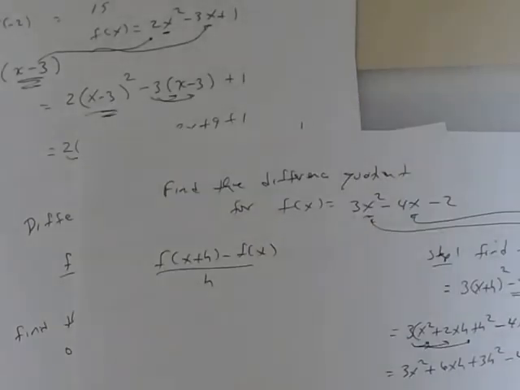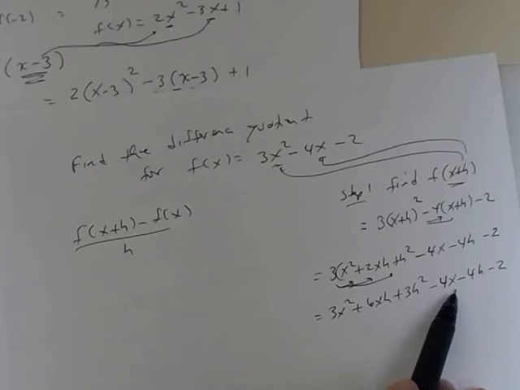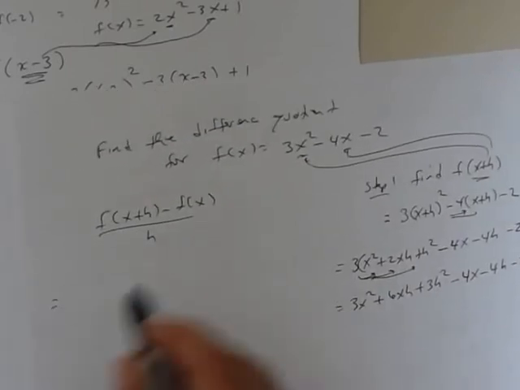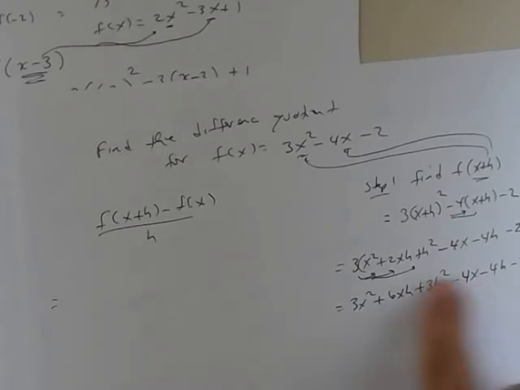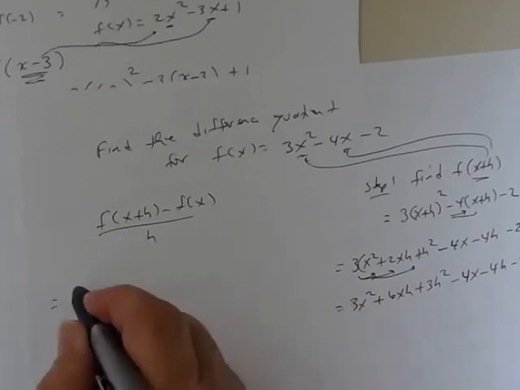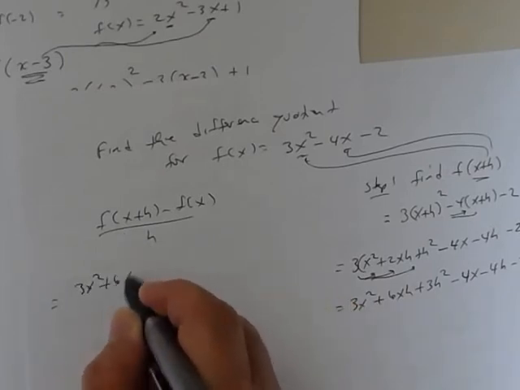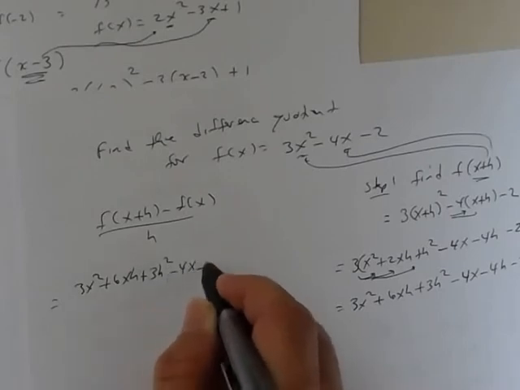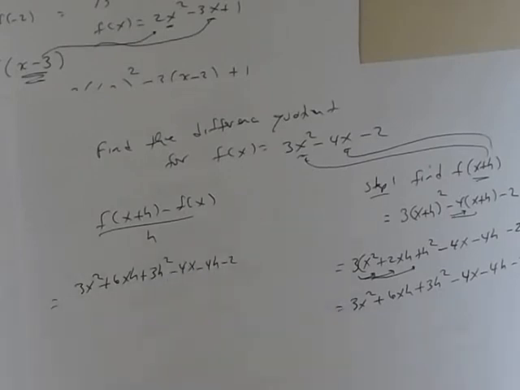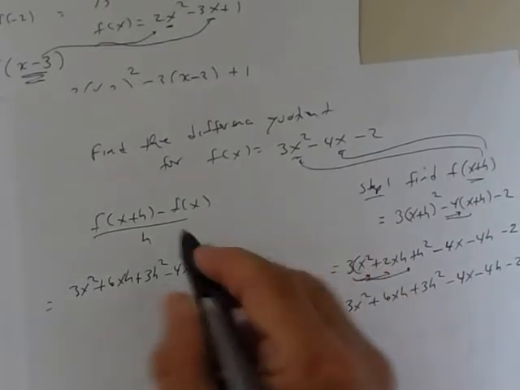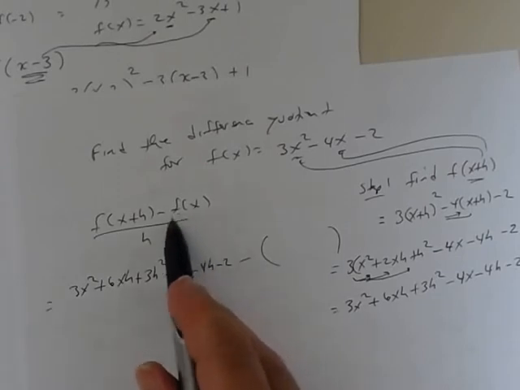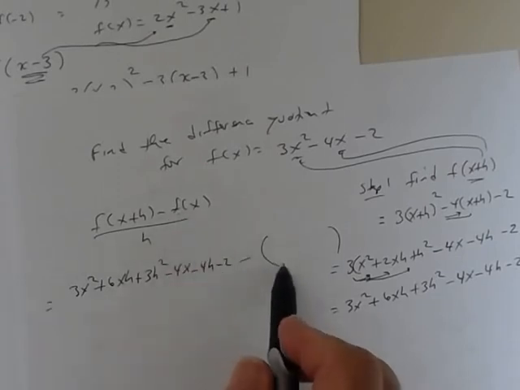All right. Now, that goes here, right? Okay, so watch what you're going to write. You say equal, and then write all of this. Now, make sure you're careful as you write. So 3x squared plus 6xh plus 3h squared minus 4x minus 4h minus 2. Y'all agree? Now I've got to subtract what? I got to subtract f of x. So remember, put that in parentheses.